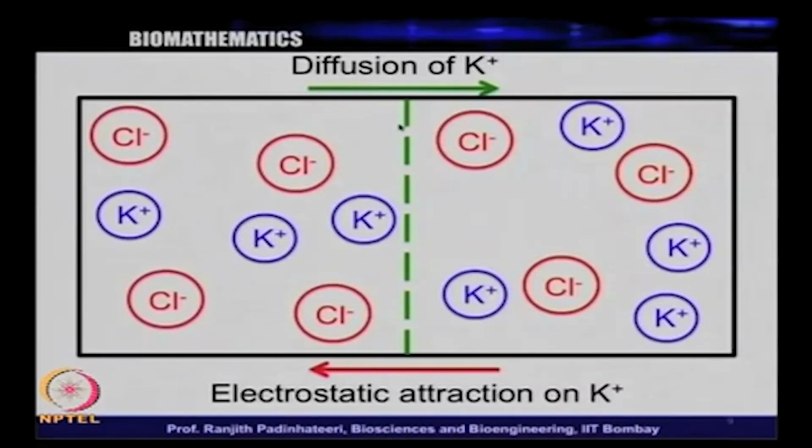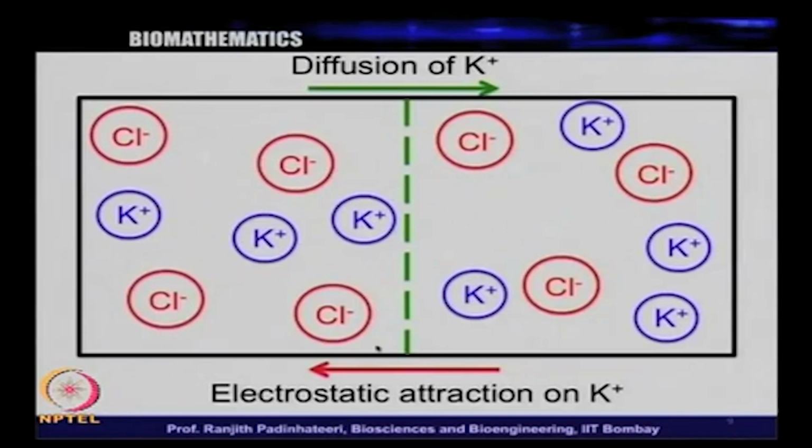When both flows balance, that means the flow this way is equal to the flow this way, or the total flow is 0. The vector sum of the flow at this particular point becomes 0.